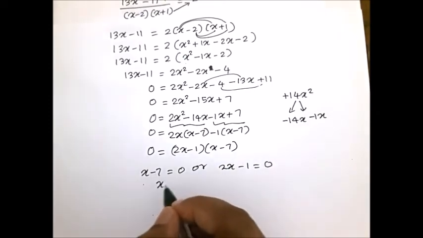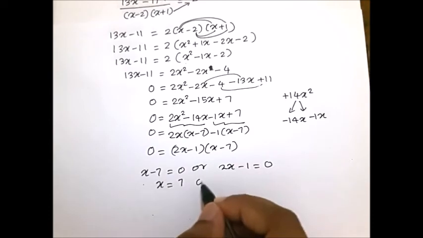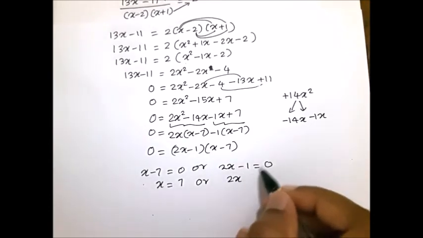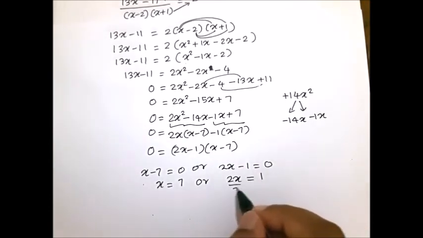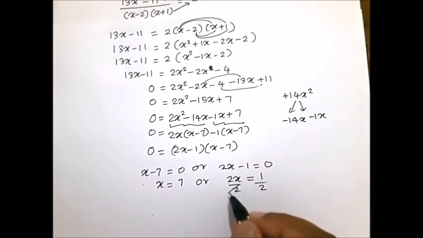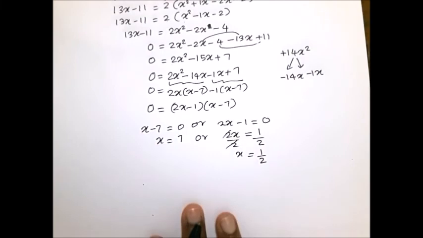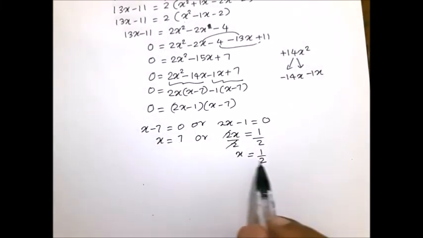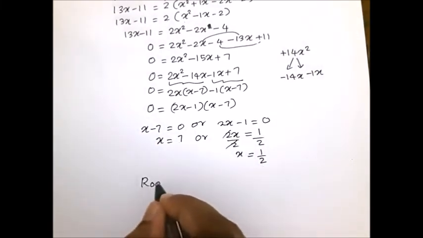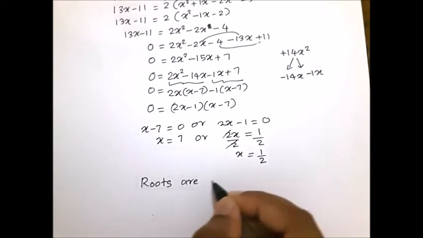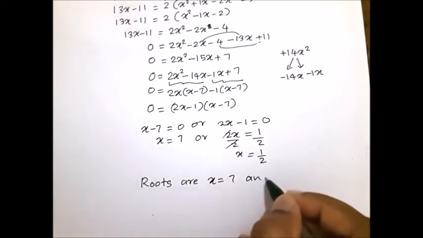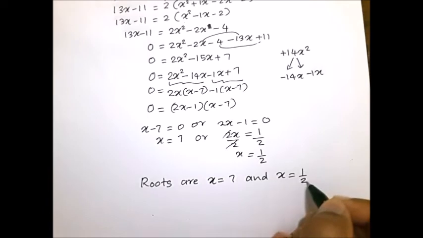Now x equals 7. Here take minus 1 to the right hand side, it is plus 1, divide by 2, x equals half. Roots are 7 and half. x equals 7 and x equals half. This is the answer for example 7.